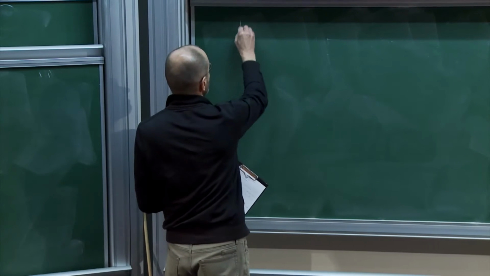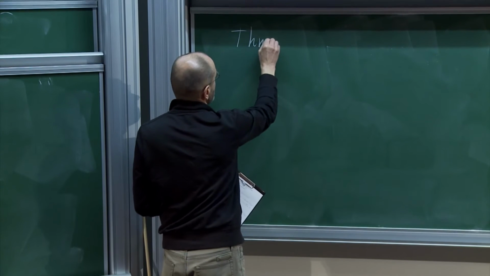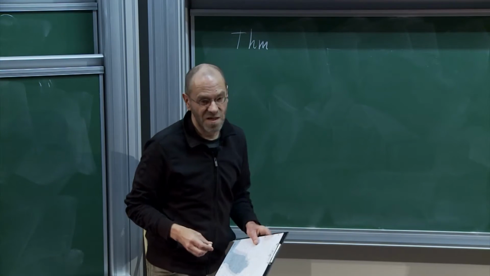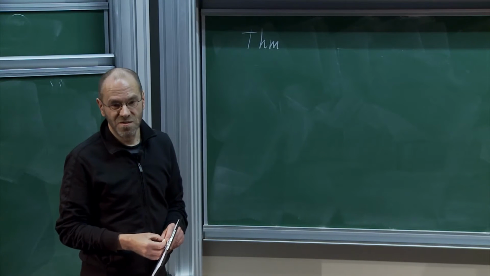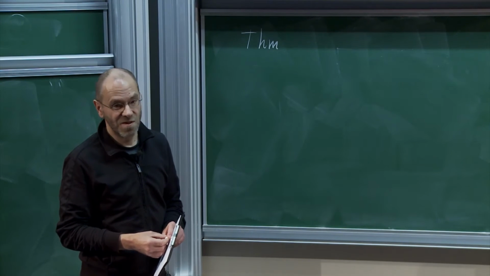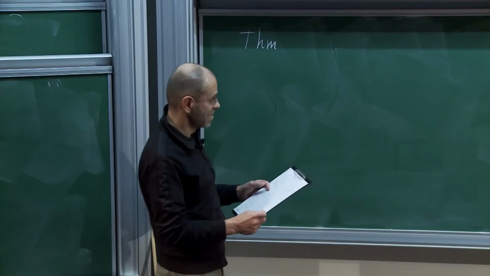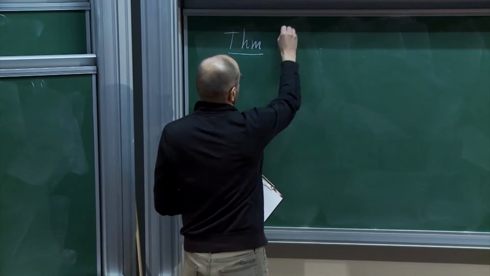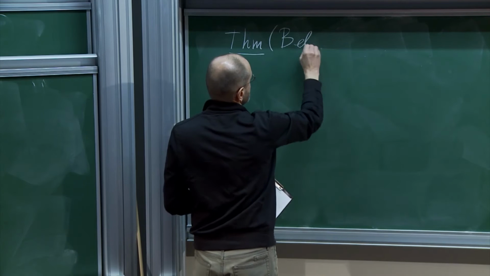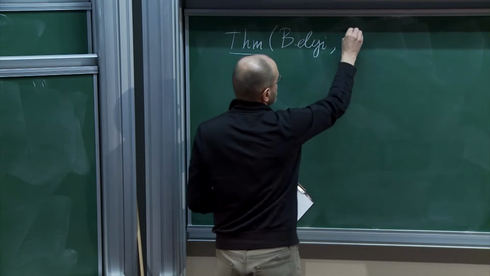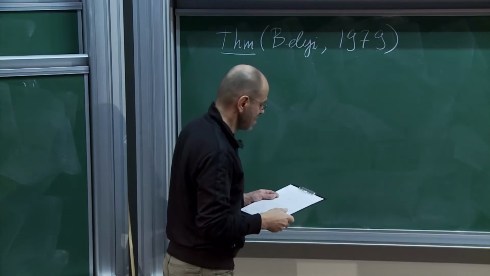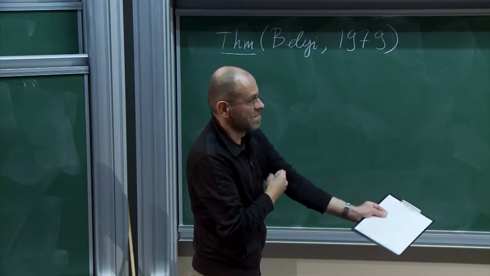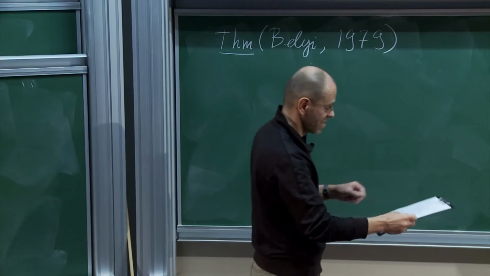So let me formulate Belyi's theorem that claims that ramified coverings of the sphere with 3 critical values are really very special. This theorem says the following.